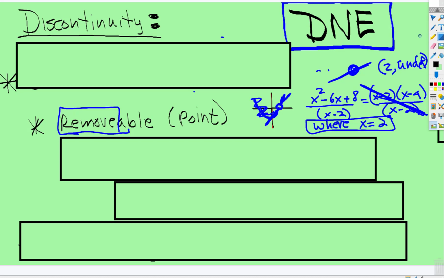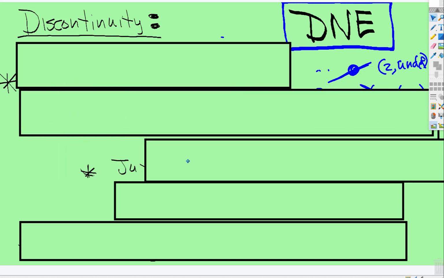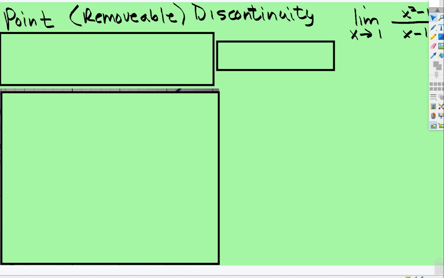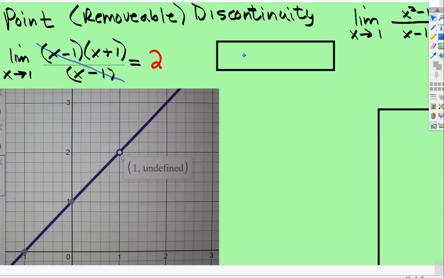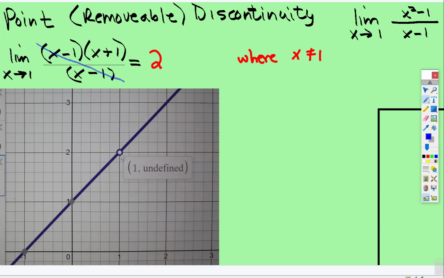All right, the next type of discontinuity is jump. Well, I don't know why I'm doing it this way. I'm sorry. So removable looks just like this. If you've got this original function, notice that x squared minus 1 over x minus 1 factors, this is a difference of squares, x minus 1 times x plus 1, and those cancel.